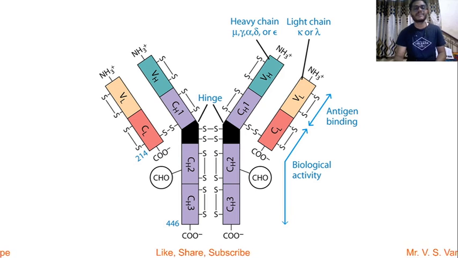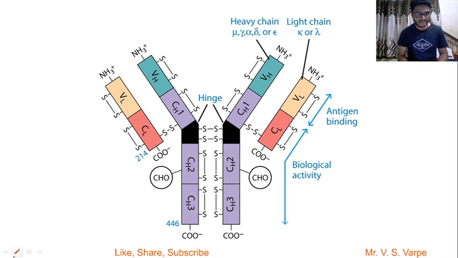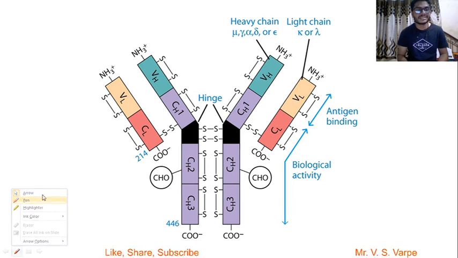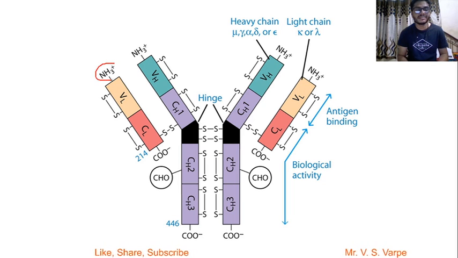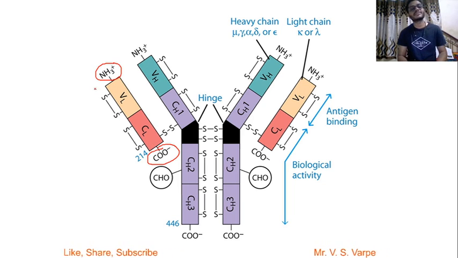Then the next part is the actual structure of an antibody. This side is the NH3 region and this side is the COO minus region. This one is the N terminal and this one is the C terminal.